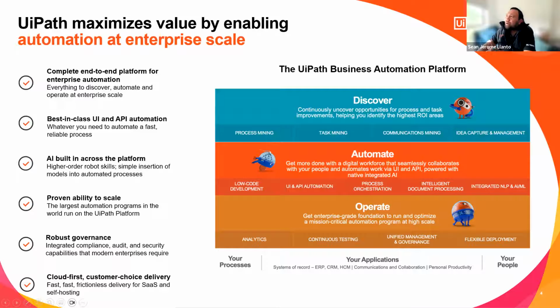So when we talk about the UiPath Business Automation Platform, it's a comprehensive, enterprise-ready platform that connects your people, processes, and applications within the enterprise, so that you can implement process change that drives transformation quickly.